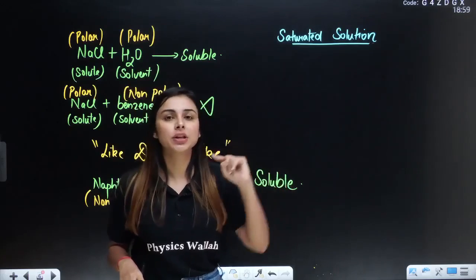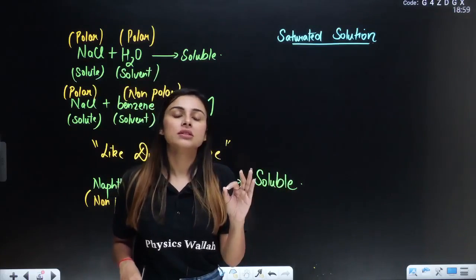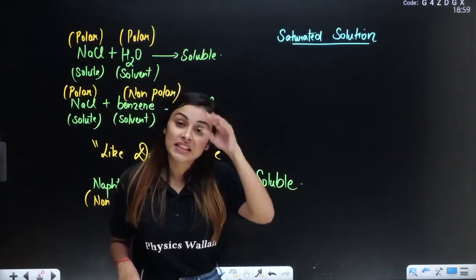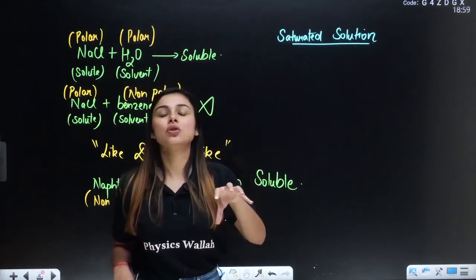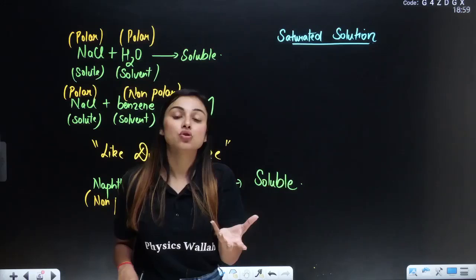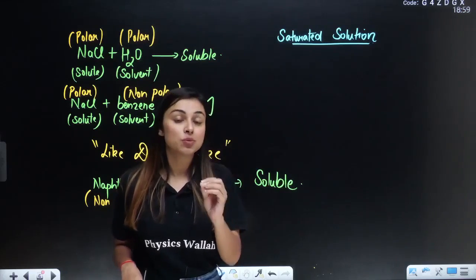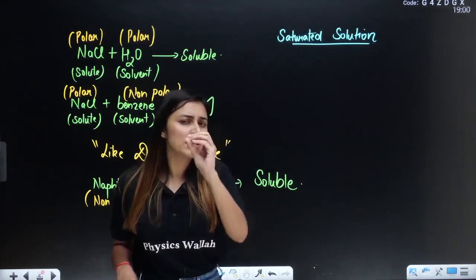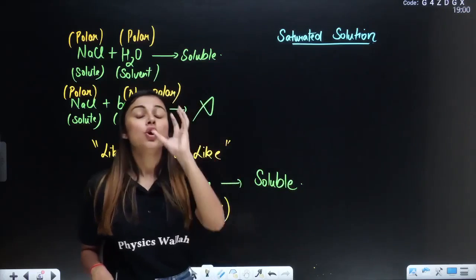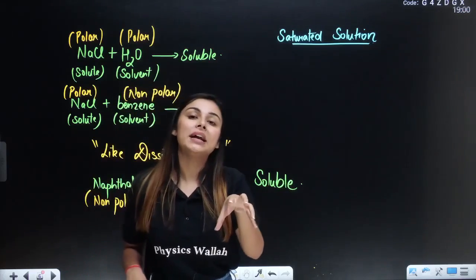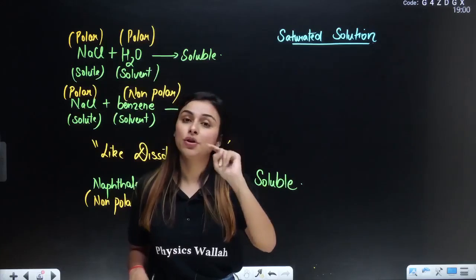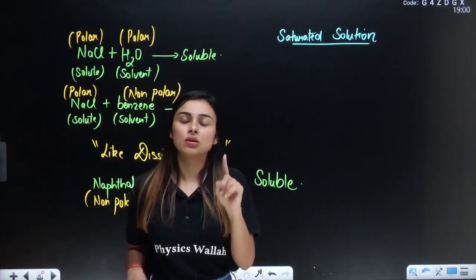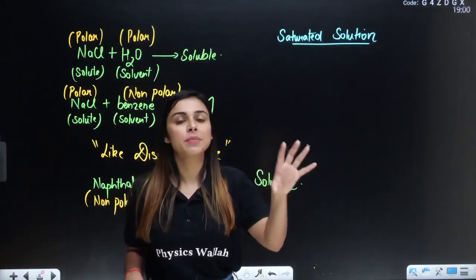Yes, at that particular temperature, no more solute was able to be dissolved. At that point, my dear students, that state of that solution is known as saturated solution, which means that a saturated solution is actually a solution where no more solute can be added to that solution at a particular temperature T.